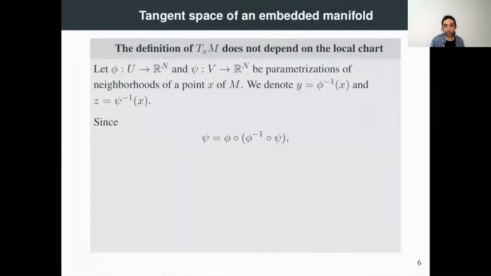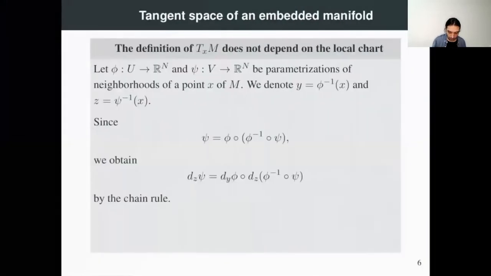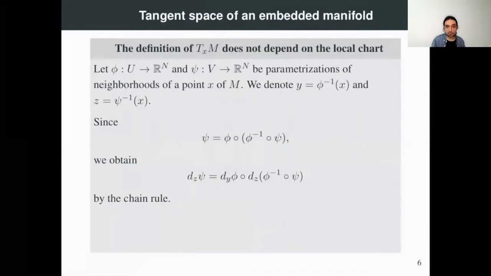And this map, we know that if the manifold is C^r, it's a C^r diffeomorphism between open subsets of R^n. So since everything here is in Euclidean spaces, we can apply the chain rule and we obtain this expression, right?